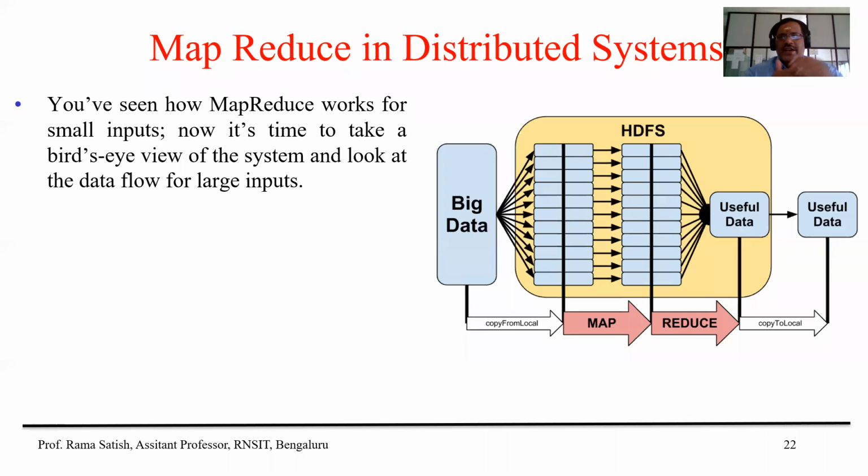I took a small data set to count the frequency of each word in a text file. So we have understood that and analyzed it. Now it is time to take the big view, big data, and look at the data flow for large inputs.